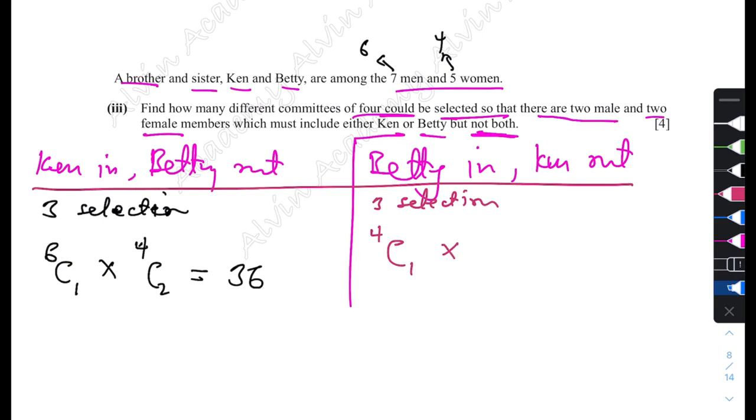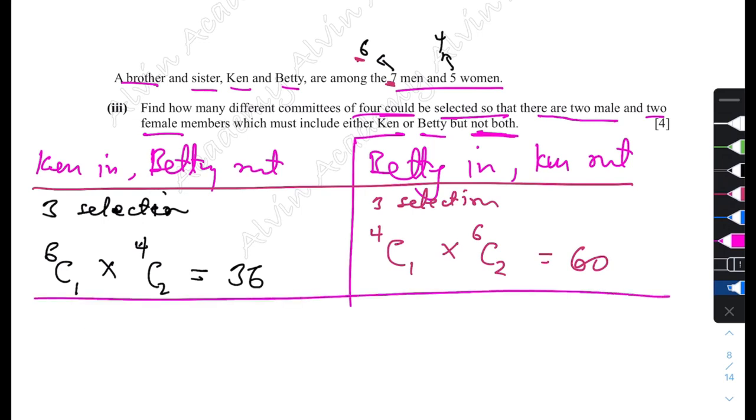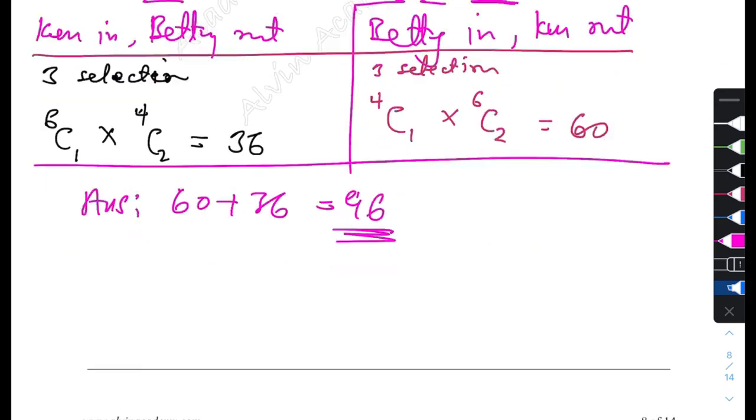Now Ken is out, so the men, instead of 7, reduce to 6, and then we choose 2 from there. We have 4 combination 1 times 6 combination 2, giving us 60. So at the end of the day, our answer would be 60 plus 36, giving us 96. All right, and then we are done.